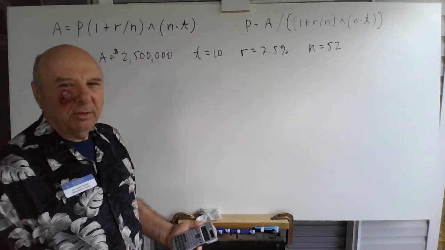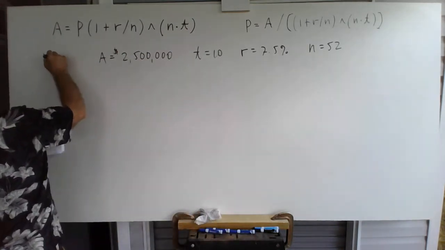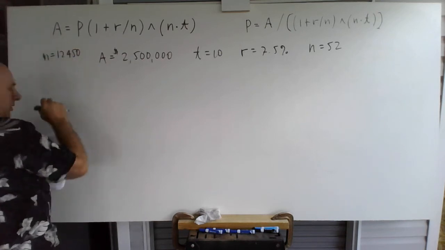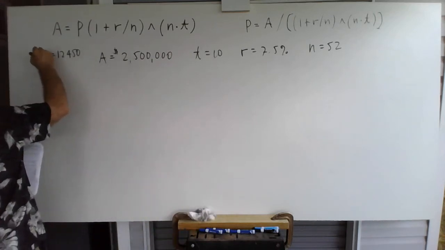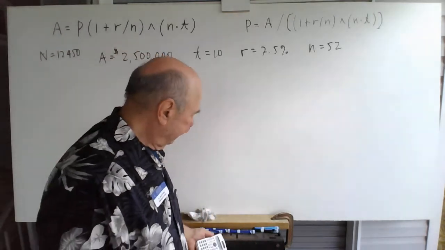Yeah, $2,008. It's $2,000 a piece. So there's 12,450. We better use a different N. Let's call it capital N. That's the population, the number of people that are going to fund this.